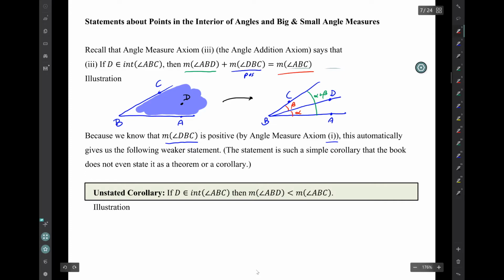So there's an unstated corollary that says this: if D is in the interior of angle ABC, then these angles have that big and small relationship. Now this is the first time I've used that kind of wording of big and small, so I'm going to make a drawing to illustrate how I would convey that visually. I'm going to use the same drawing and modify it slightly.